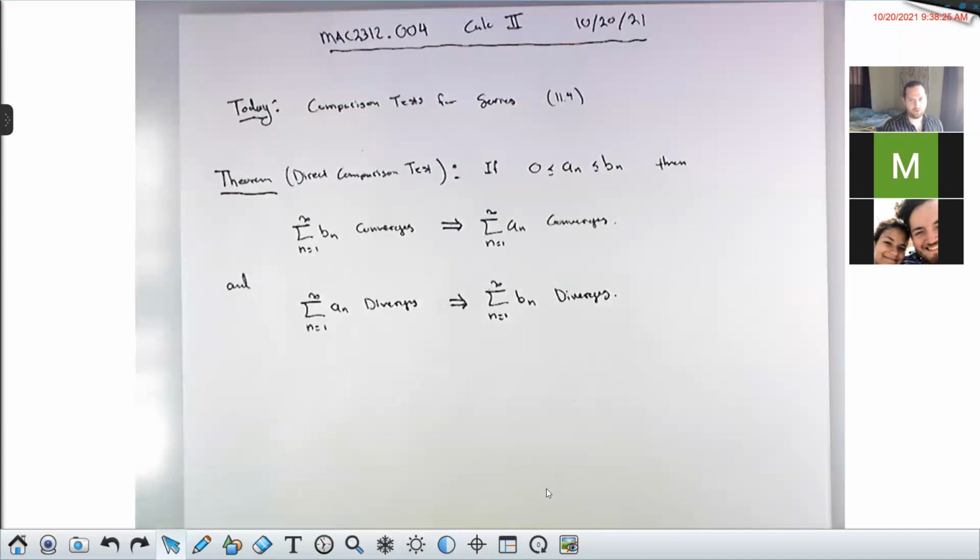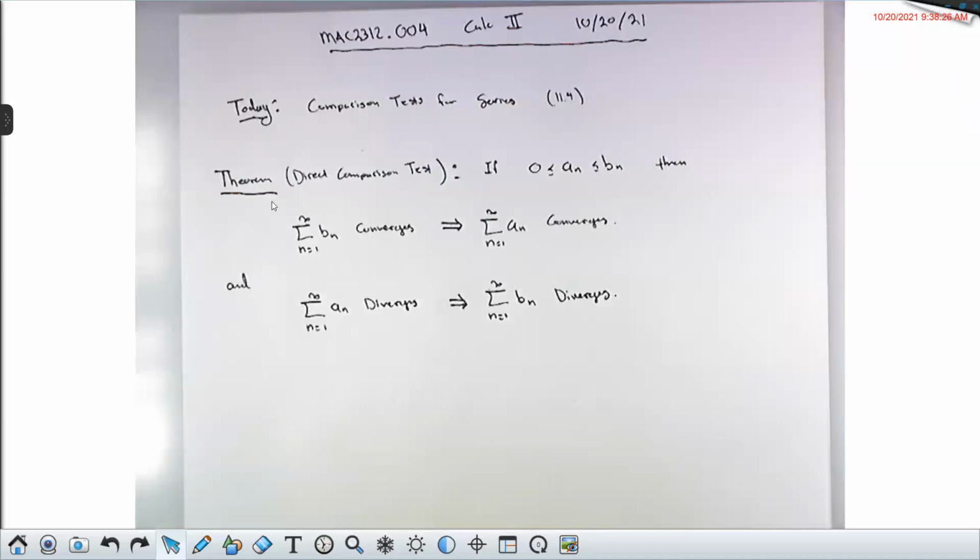That's the intuition. If you're smaller than something finite, you've got to be finite. The a_n's are smaller than the b_n's, and the sum of the b_n's is finite. So if you're smaller than something finite, then you must be finite. And also, if you're larger than something that is infinite, you must be infinite.